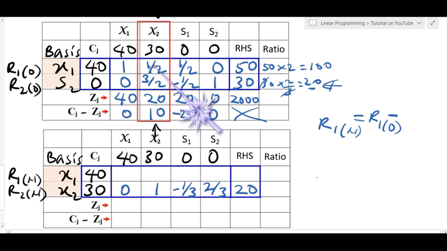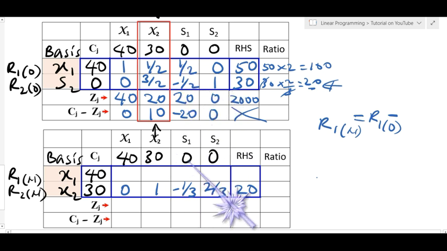If it were negative, if it were minus half, then our sign here will be plus. Because we want to ask ourselves, what do we use to multiply this pivot row so that when you subtract it from the corresponding position here, it gives us 0.